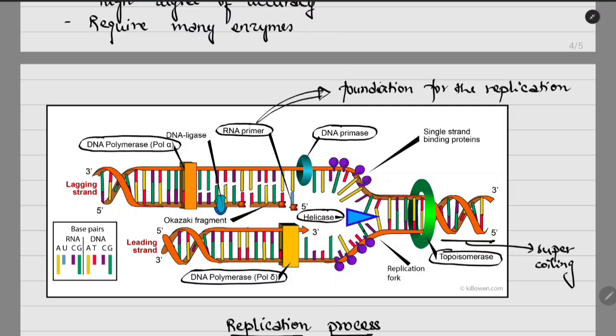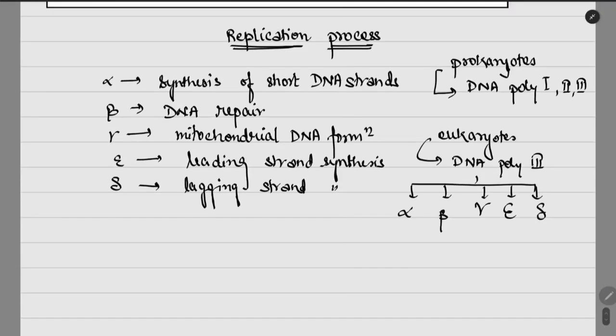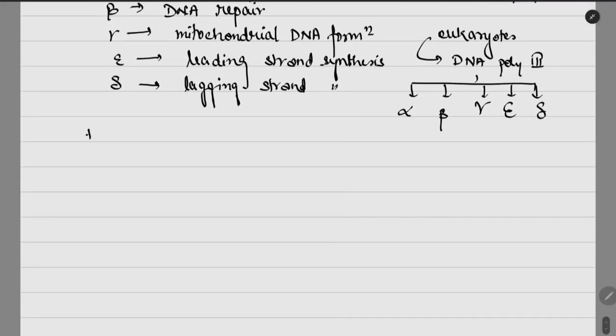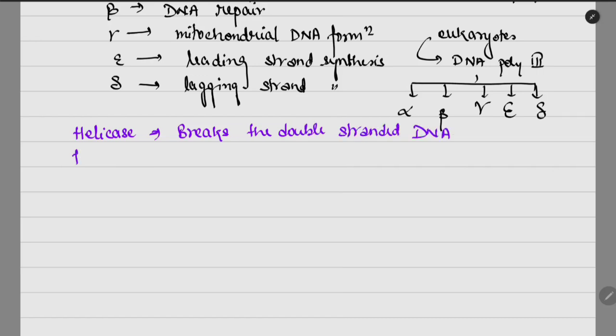So the different enzymes are, as I already explained, the DNA polymerase. The others are the helicase, which breaks the double-stranded DNA. Topoisomerase uncoils the supercoiling.